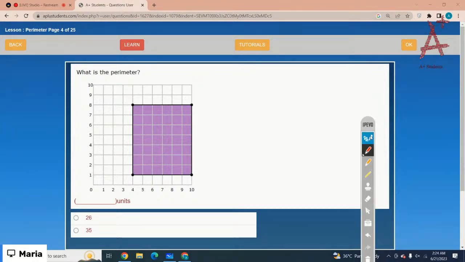Okay, what is the perimeter? So the side lengths are 1, 2, 3, 4, 5, 6, 7. So which is the correct option?